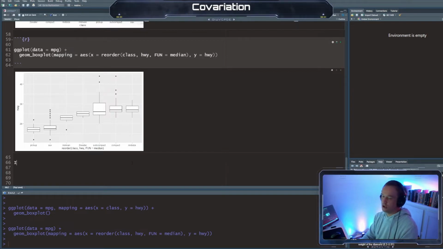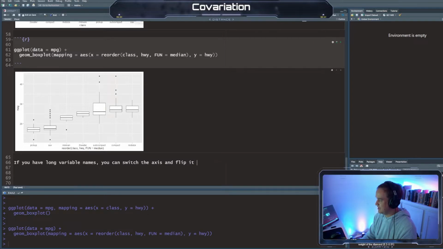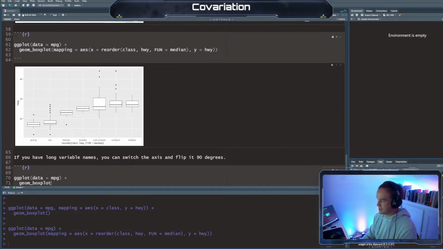Okay, so if you have long variable names, you can switch the axis and flip it 90 degrees. So let's do ggplot data equals mpg, geom box plot, mapping equals aesthetic, x equals reorder, class, highway, function equals median.